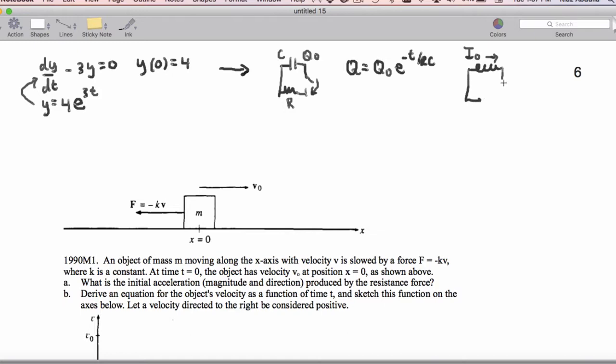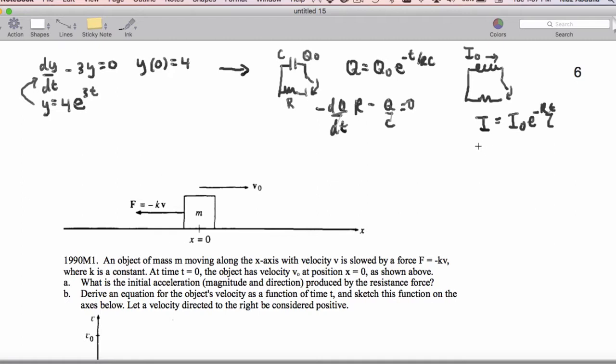And similarly, if we have an inductor that has a current I naught going through it, and at time equals 0, we close a switch where it's connected to a resistor, using separation of variables we concluded that I equals I naught e to the negative Rt over L. In this case, the differential equation we solved was negative dq/dt times R minus Q over C equals 0, which has the form of this differential equation.